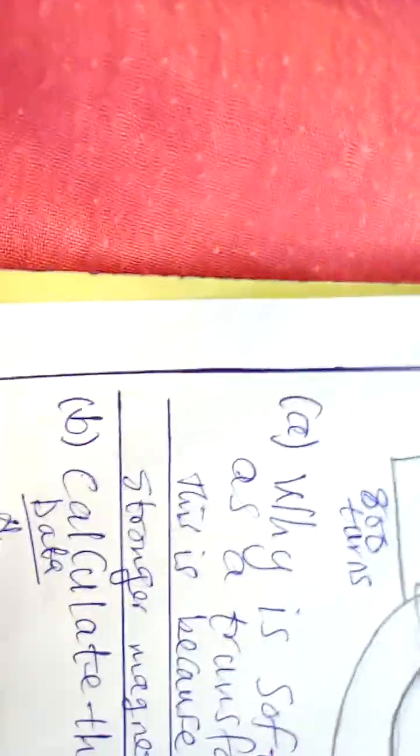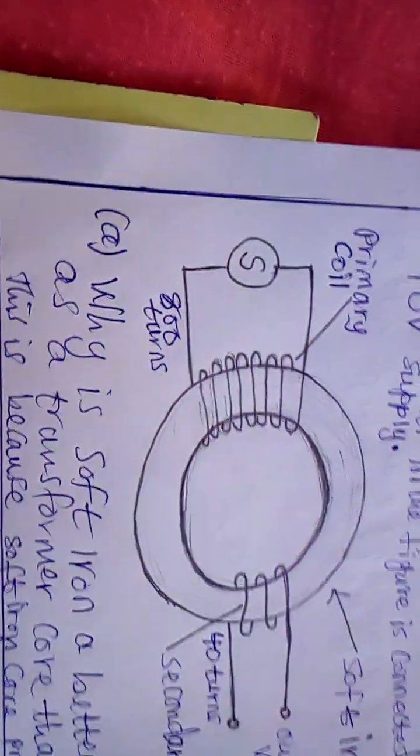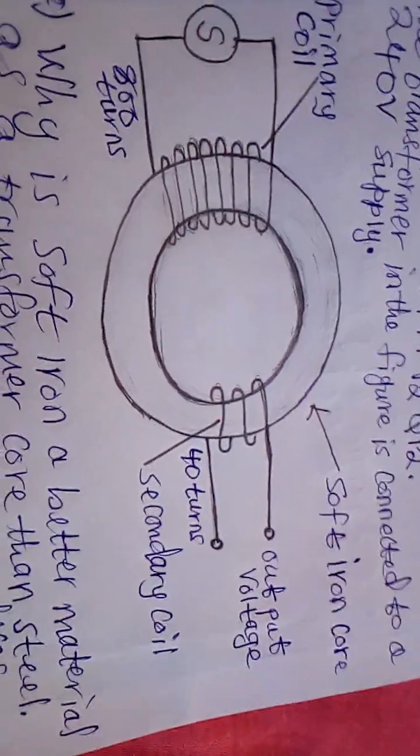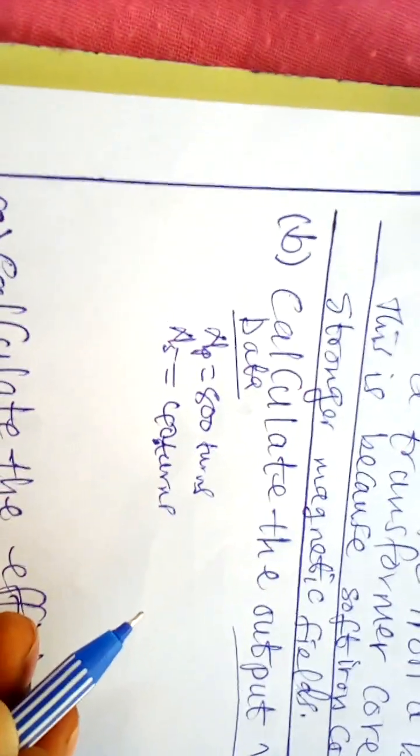Number 1, we have got the number of turns in primary, and that is 800 turns. Then we have the number of turns NS in secondary, it's 40 turns.